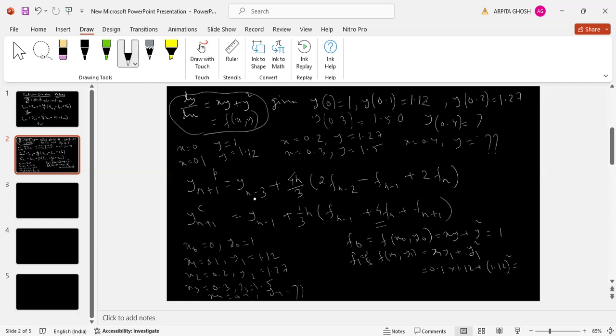One by one, tell me. 0.1 into 1.12 plus 1.12 whole square. What's the value of f1? Find it out. 1.3664.